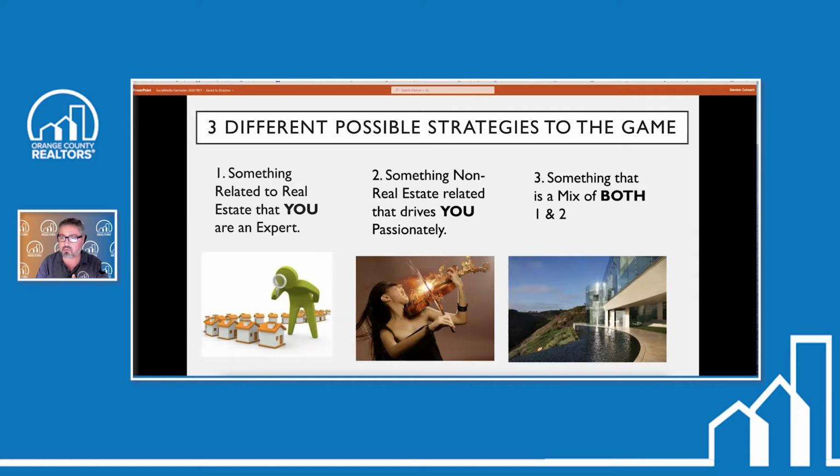You don't need to talk about real estate. You just talk about the things that you're most passionate about. Now, strategy number three is a mix of both one and two. Something that's real estate related that you're an expert on, as well as non-real estate related topics that passionately drive you and motivate you.